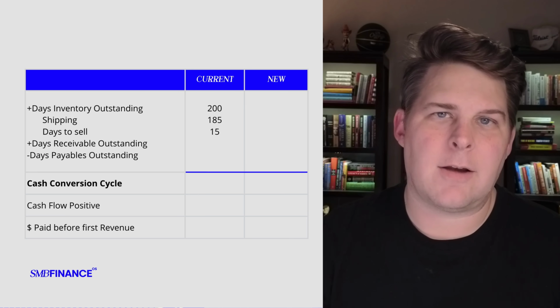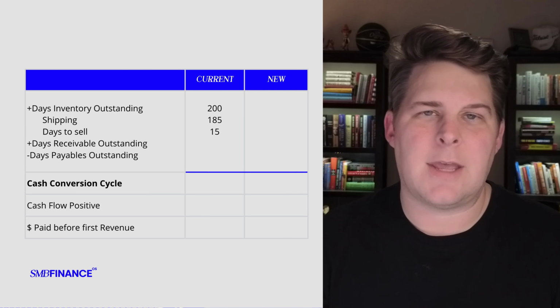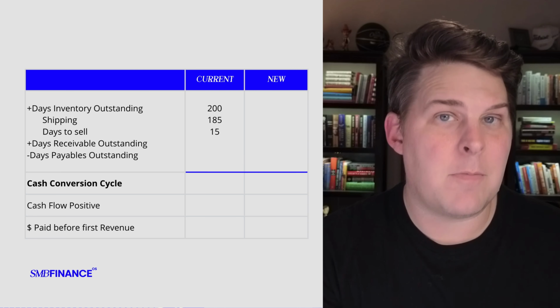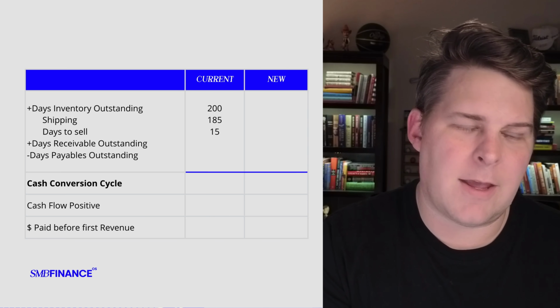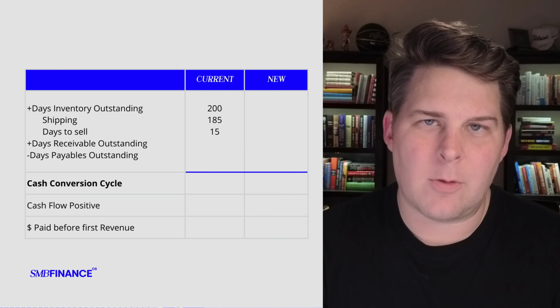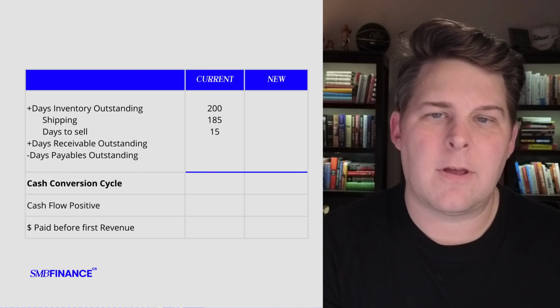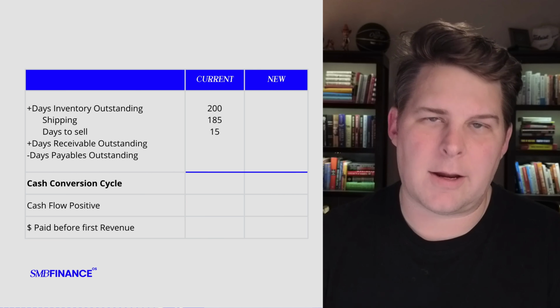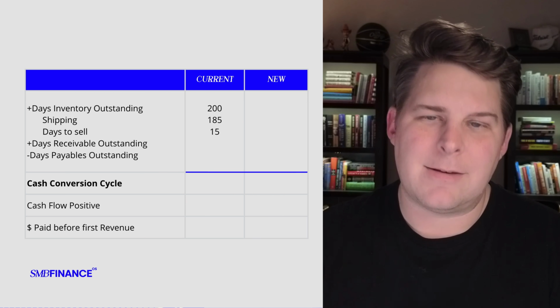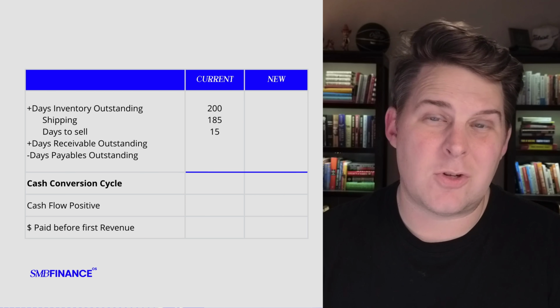They were getting their inventory from overseas, and it was taking a long time for that to come via boat to their warehouses. So they had 185 days from order to getting in the warehouse, and then 15 days from the warehouse to selling to the customer and collecting that payment. So their days inventory outstanding was 200 days.